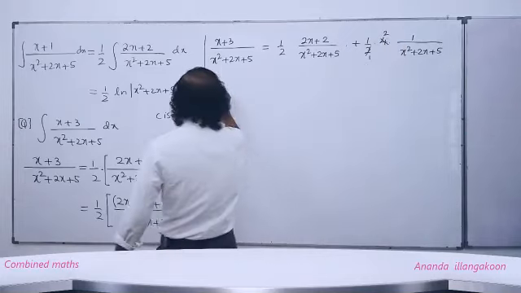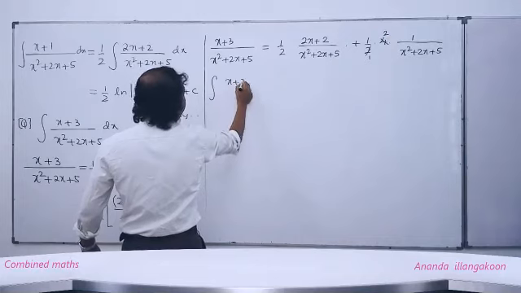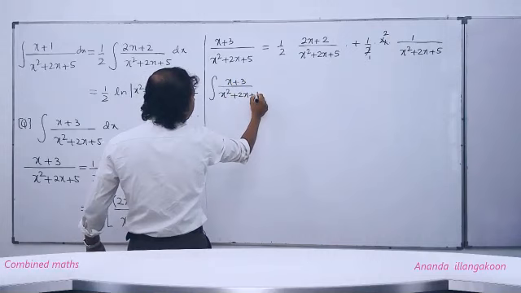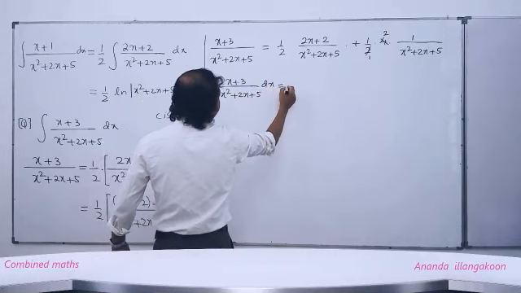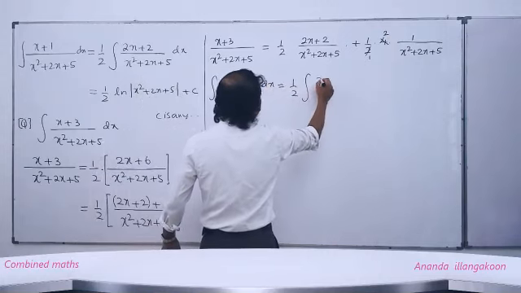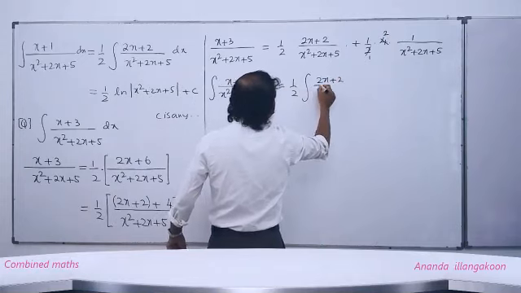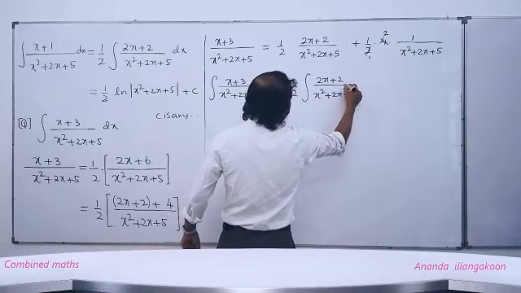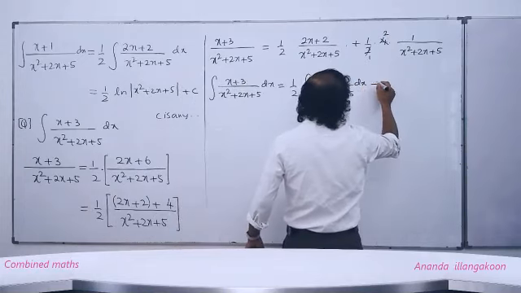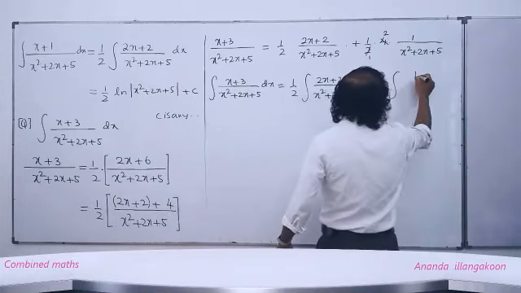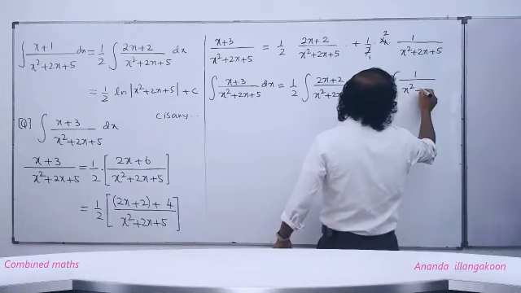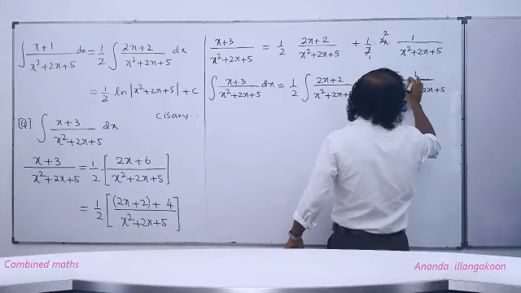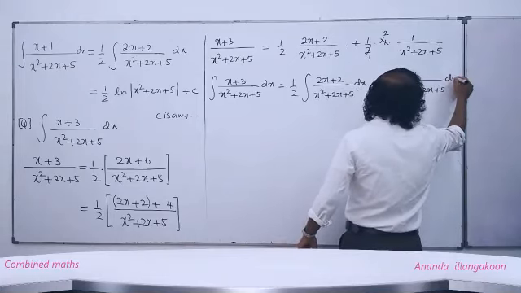Now we can integrate x plus 3 upon x squared plus 2x plus 5 dx, half integral of this, right, plus 2 times integral of this dx.